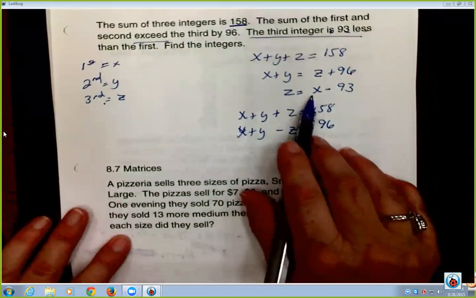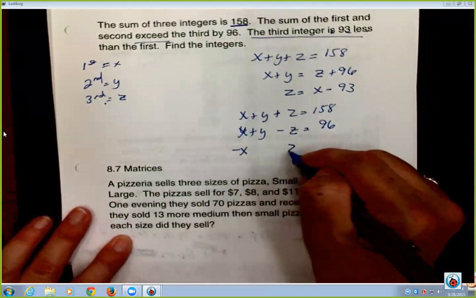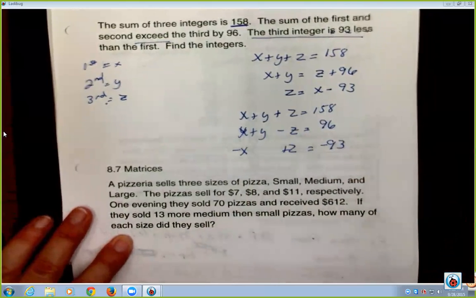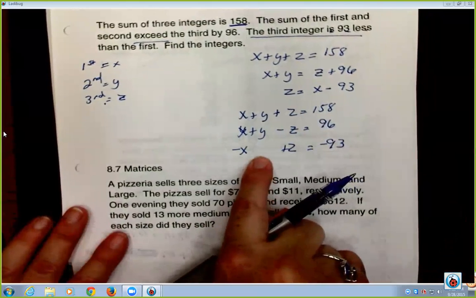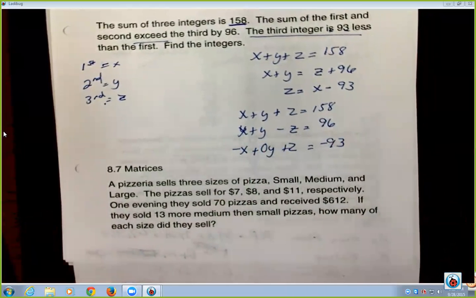And then the final one, move the x over. Z stays where it's at, equal to negative 93. But I don't have a y, so I need to put a 0y in there to represent that piece. So then you would just put this all on your calculator and figure out what your answers would be.